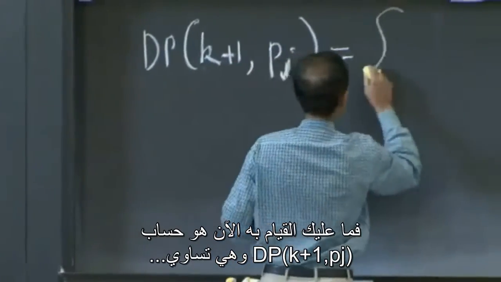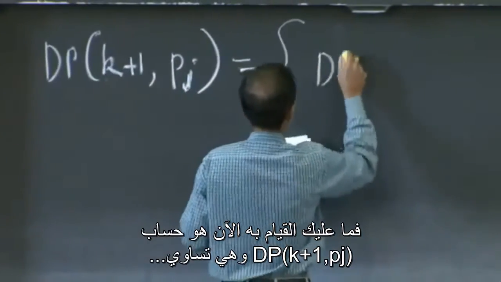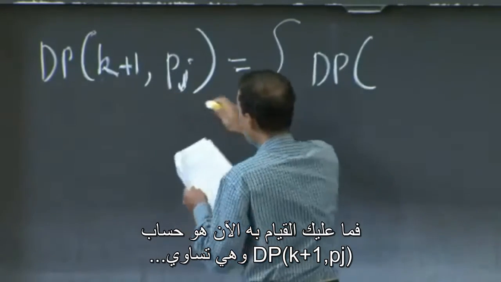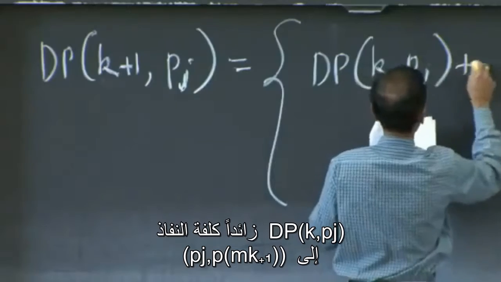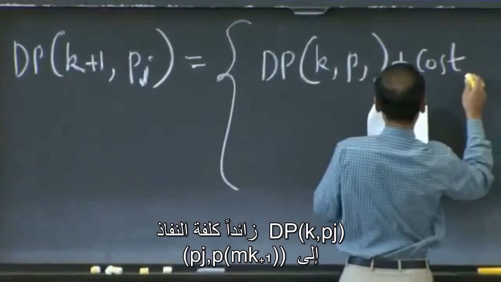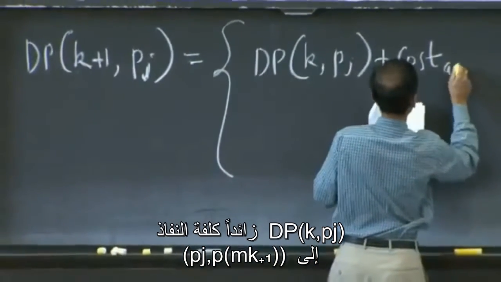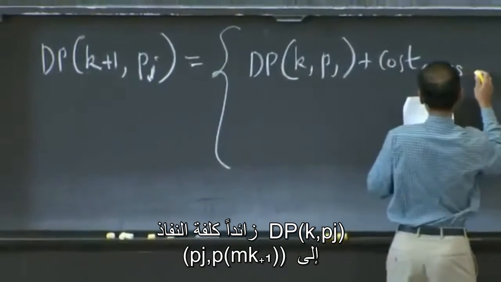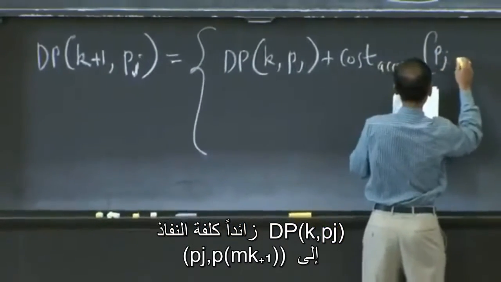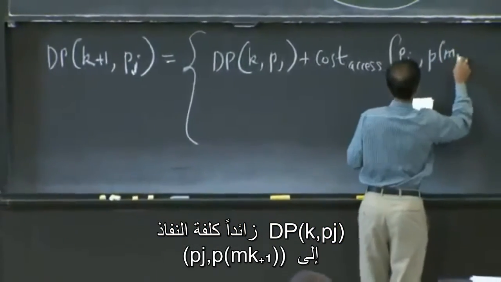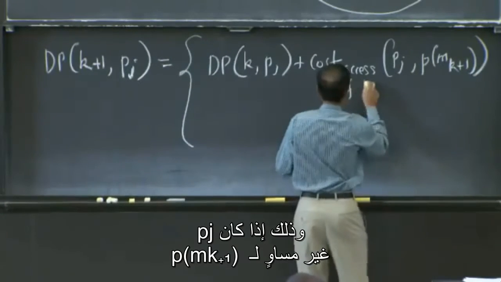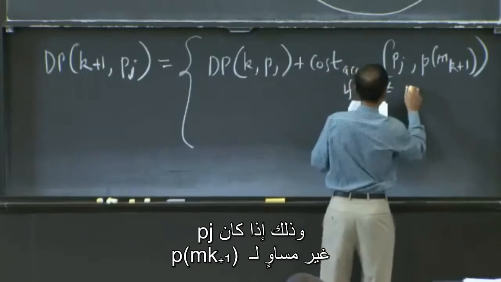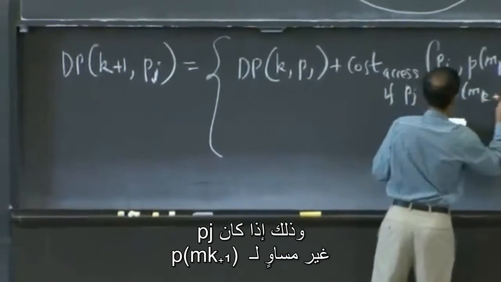Now what you have to do is essentially say, well, dp[k+1][j] is going to be dp[k][j] plus cost of access(pj, p(mk+1)) if pj is not equal to p(mk+1).